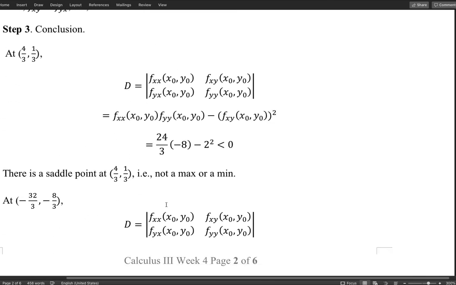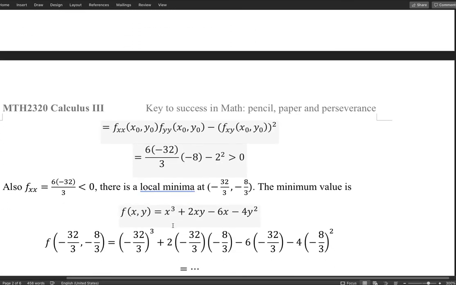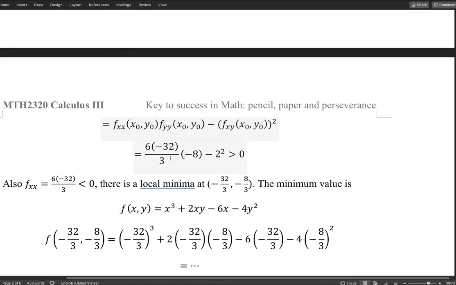What I'm seeing here is that this time the determinant, because it is a negative times another negative, tends to be far bigger. It's very safe to say it's far bigger than 4. So the determinant is positive.